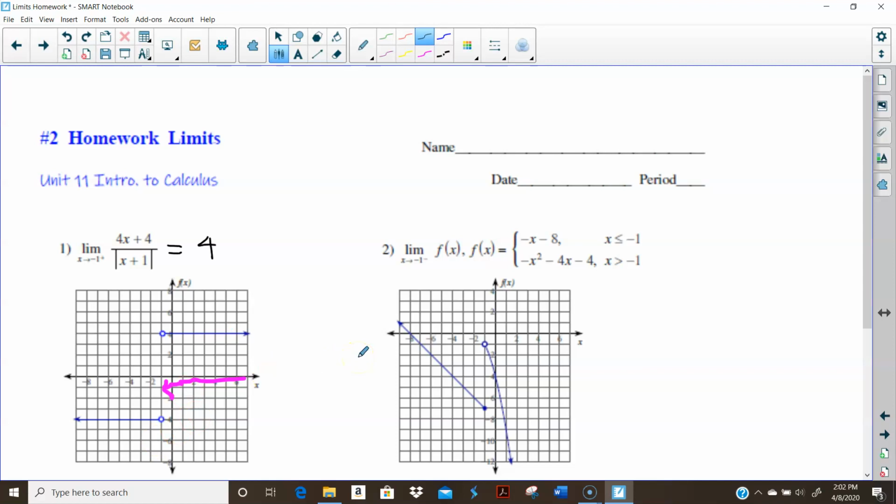All right, let's look at number 2. The limit as x approaches -1 from the left. See the minus sign? So I'm out here and I'm coming in to -1.